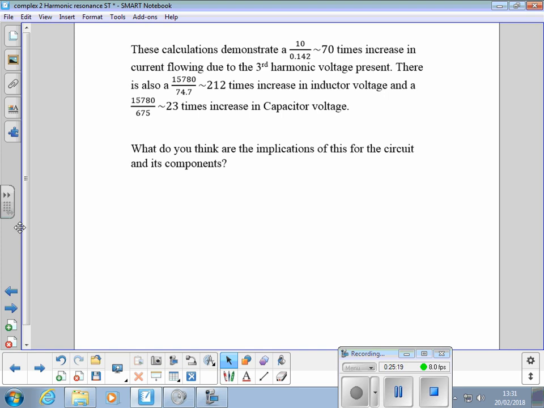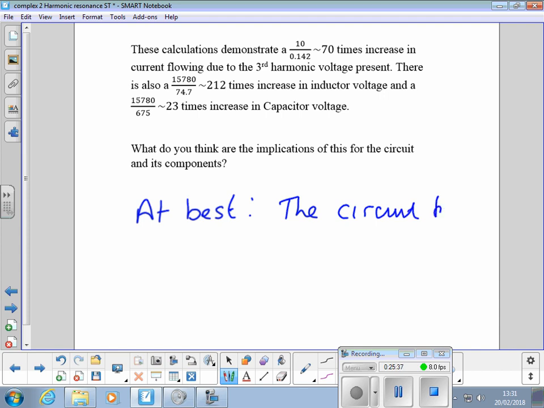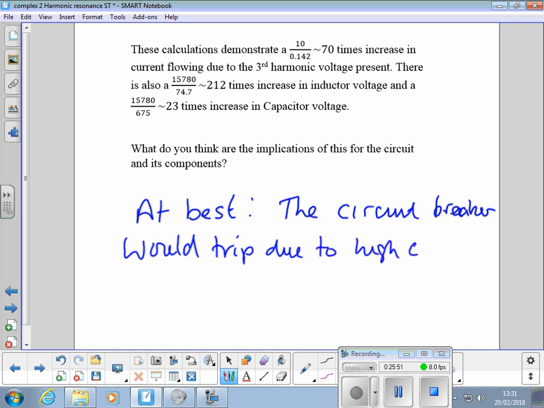Yeah, you'd incorporate some protection. At best, that's the best that would happen: a circuit breaker tripping because of the high current.